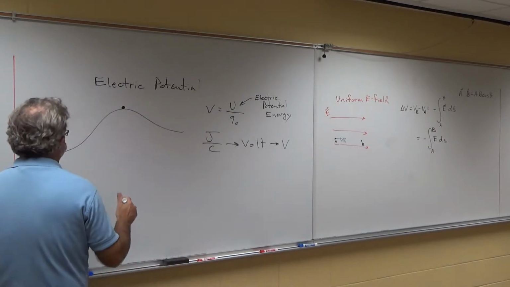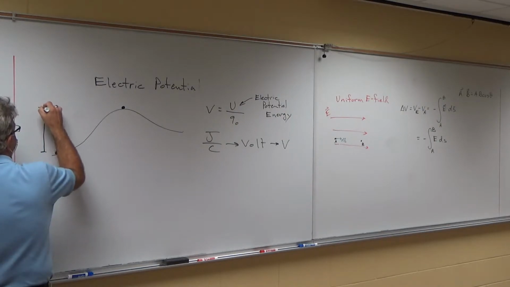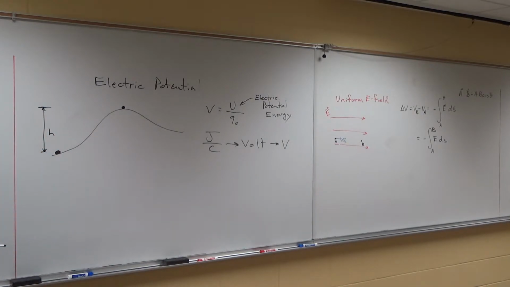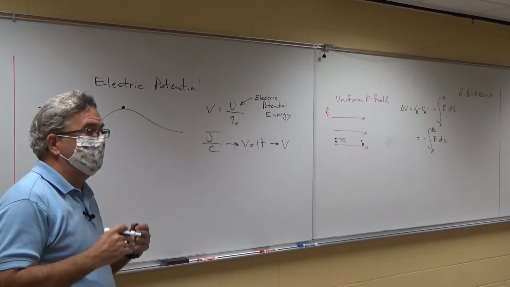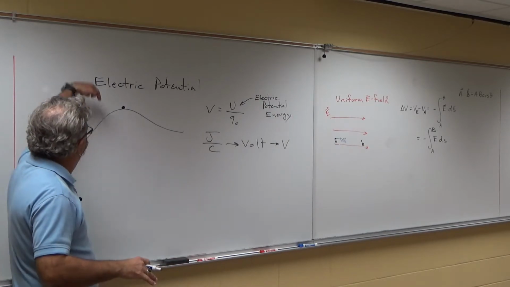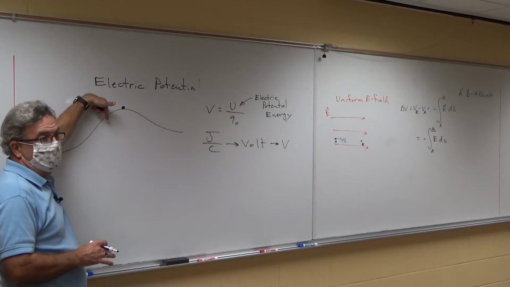The only thing that matters is this difference in height, h. That's because you're in a conservative system, there are no losses, and that field vector is this way, the gravitational field.